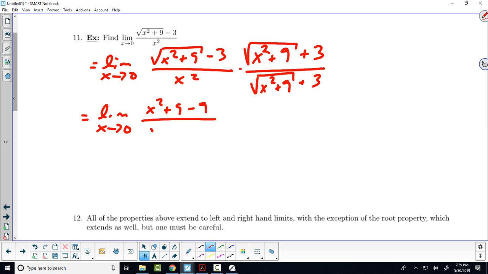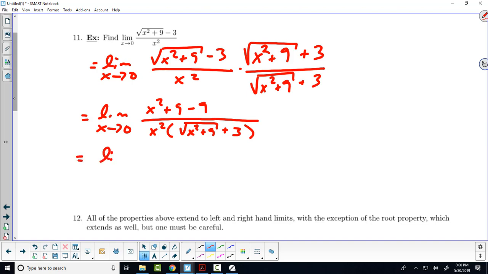So this leaves me with then x squared times the square root of x squared plus 9 plus 3. I could distribute that x squared if I wanted to, but having done this 60,000 times, I'm not going to distribute because it doesn't help me.